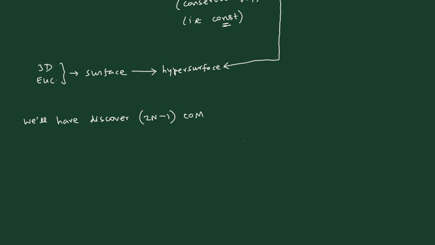The geometrical language is hypersurface; 2n minus 1 hypersurfaces we will have to discover. Then each one of them will reduce the number of dimensions, and ultimately it will reach n equal to 1. So why should 2n minus 1 be there?